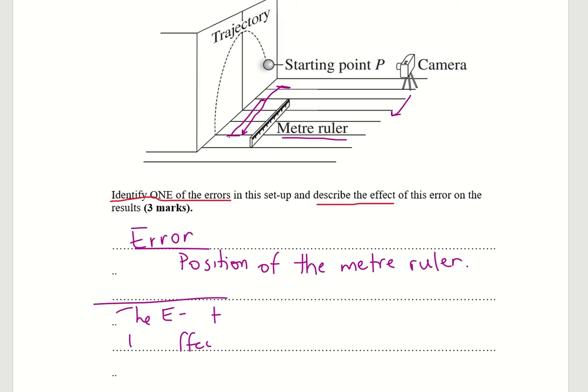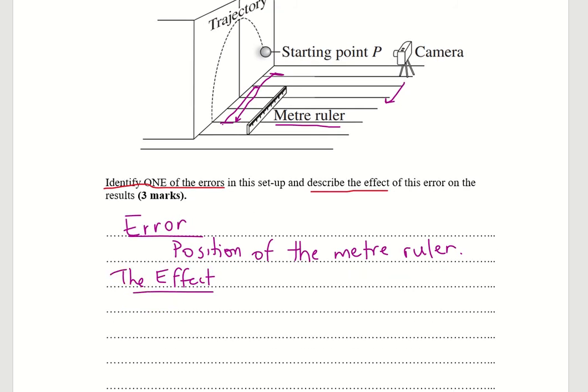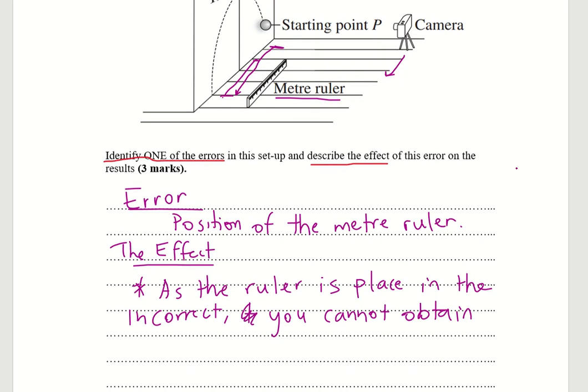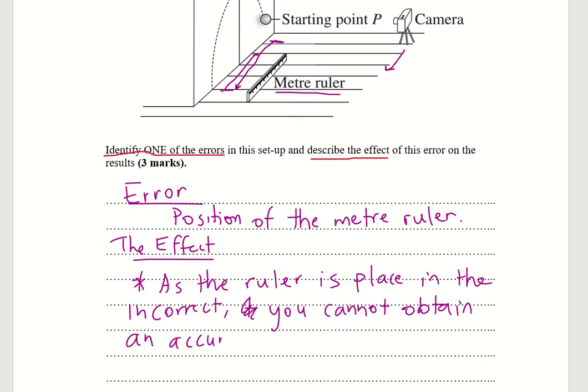Well, when it comes to the effect, what we actually know is, as the ruler is placed in the incorrect position, you cannot obtain an accurate measurement of the projectile's distance, or in this case, horizontal displacement.